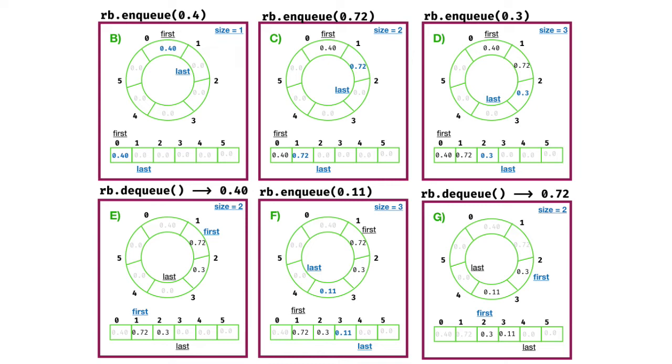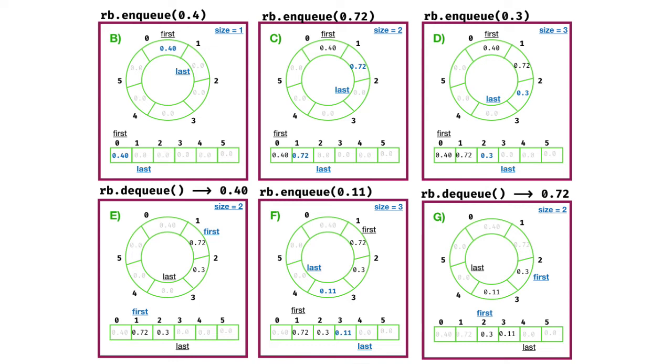And the position of last, which was 0 to signal that 0 was free to add a new element to it, is going to move to 1. You can see what that does both in the circular and the array representation of our ring buffer. And the last thing that changes is size was 0, and we now increment it to 1.